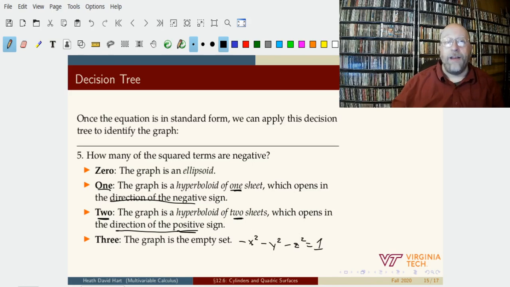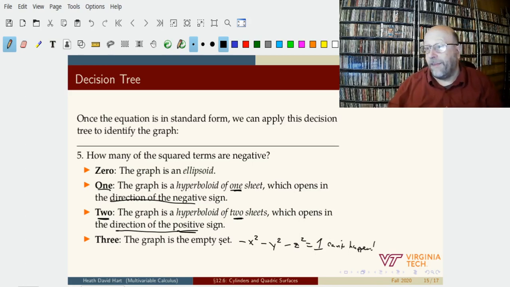I can't have a negative term plus a negative term plus a negative term add up to positive 1. This can't happen. And so if we ever see this, that's an impossible equation. There are no points that satisfy it. The graph is an empty set. You don't worry about that. That's going to be a peculiar case, but it completes the decision tree.